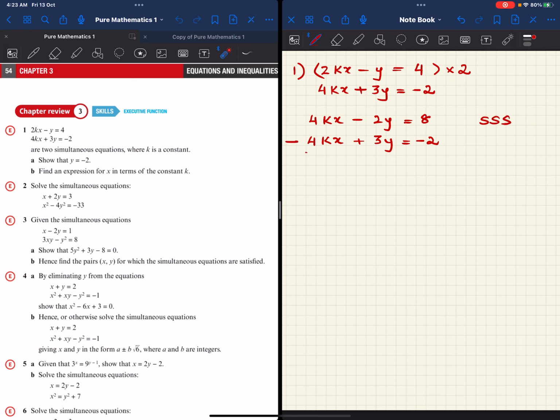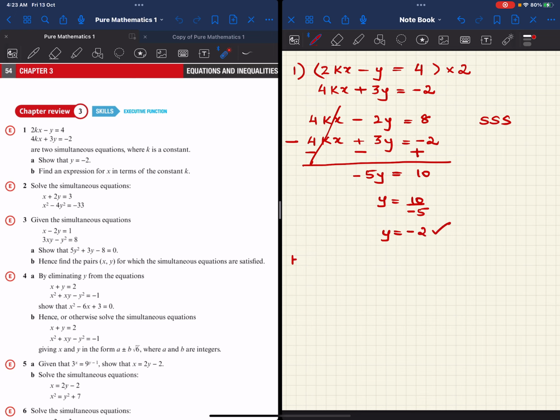When we subtract, the first term becomes negative, second becomes negative, third becomes positive. So x is eliminated. Minus 2y minus 3y gives us minus 5y. 8 plus 2 gives us 10. Therefore, y is equal to 10 divided by negative 5 and y is equal to negative 2.